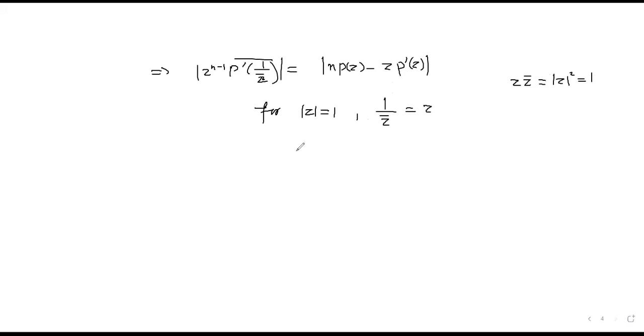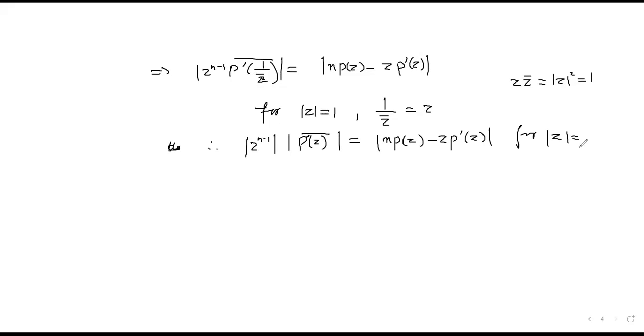So if mod z is equal to 1, then therefore I have mod of z raised to the power n minus 1 into, in its place I can write p dash z bar, is equal to mod of n times p of z minus z times p dash of z for mod z equal to 1. Now this also has modulus 1, and the modulus of a complex number and its conjugate is the same, so I have mod of p dash z is equal to mod of n times p of z minus z times p dash of z.